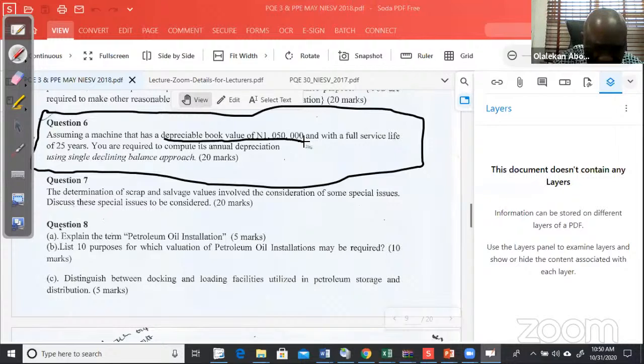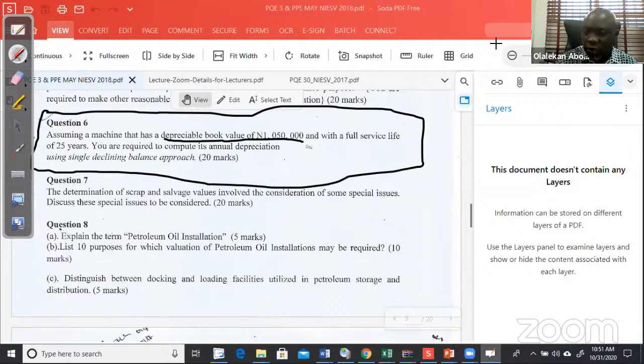How many years? This question, anyway, is a very simple question, but you will run your table for 25 years. It's repetition. You just continue. After year one, book value for year one, charge depreciation on it for year two, get depreciation of year two. You remove it from the book value of year one, get the book value for year two.